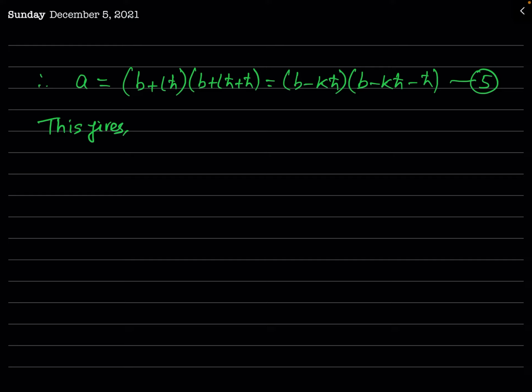But from this equation you can easily see that b is equal to ħ over 2 times (k − l). Do the algebra yourself and you will get this result. And once you have obtained the value of b, then using this equation 5, you can obtain the value of a.